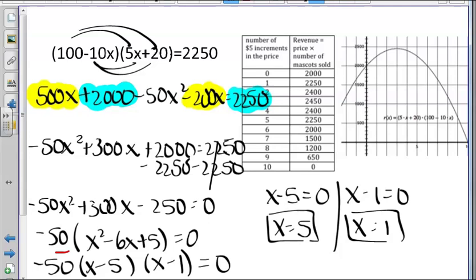What this means is that for the twins to reach their desired revenue of $22.50, they will need to sell 90 driveway mascots for $25 each, or 50 mascots for $45 apiece. We can see this if our x values are 1 and 5.